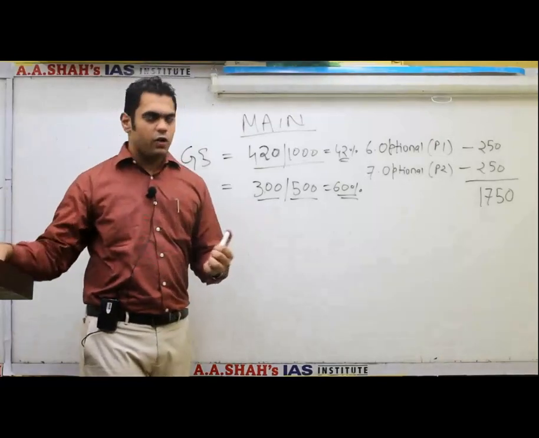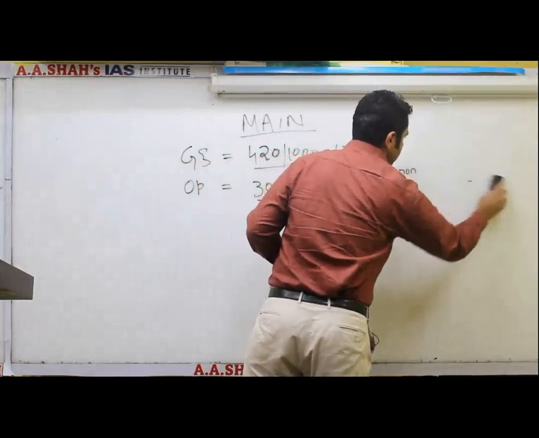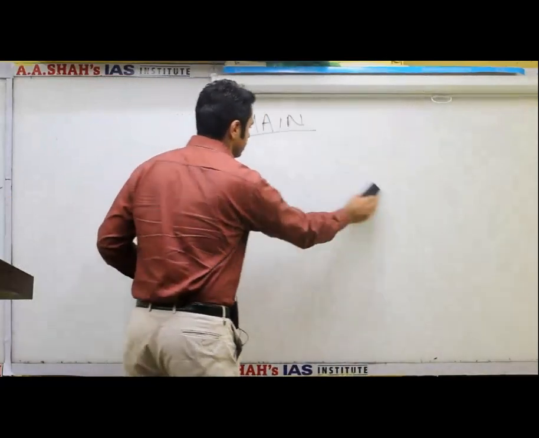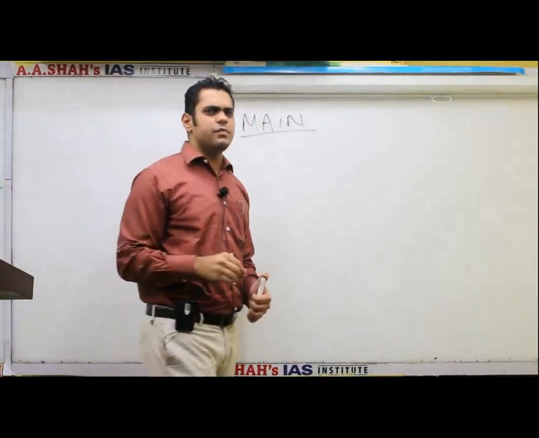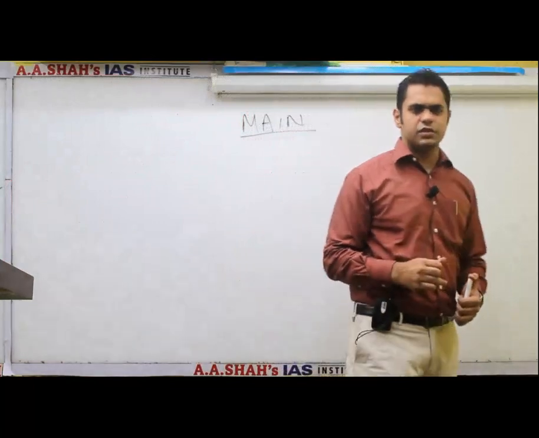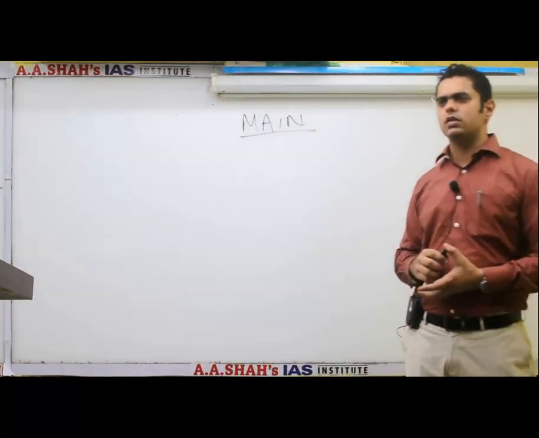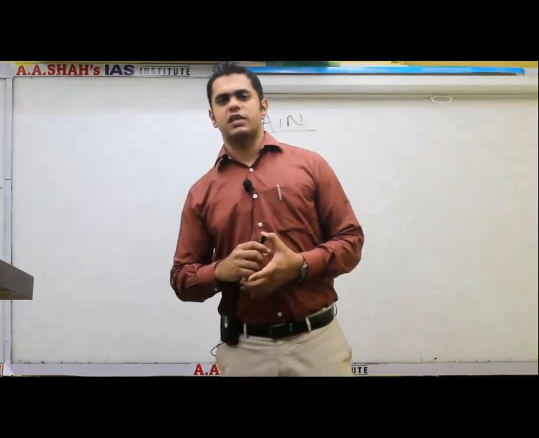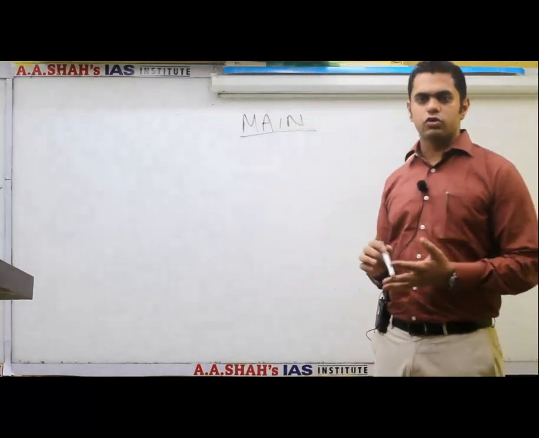So now there are a variety of optionals available. You have optionals for science, engineering, humanities, and management. For every stream of your graduation, you have an optional available. Suppose students who have done their graduation in political science or history or sociology can go for those optionals.